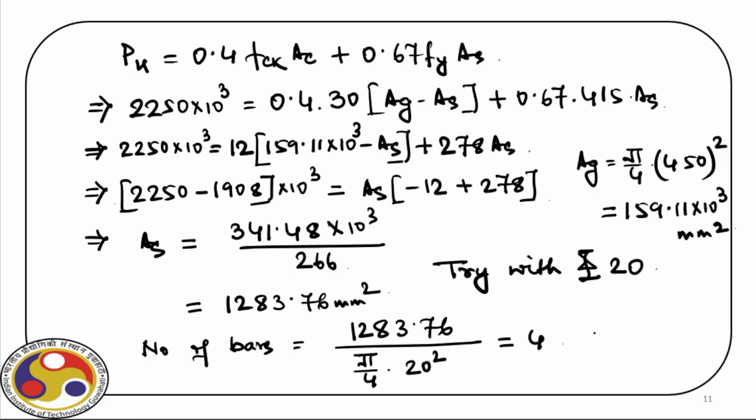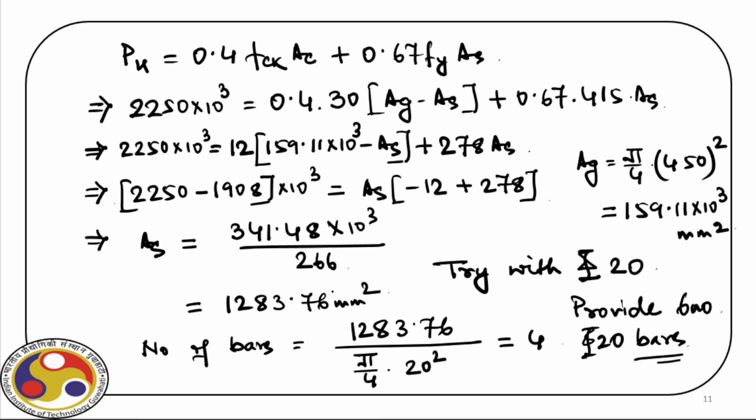But for a circular cross section, we have to provide 6 number of bars. So provide 6 number of phi 20 bars. Obviously, we provide more steel than what is required. So the design is okay.